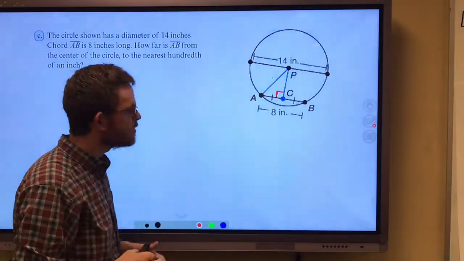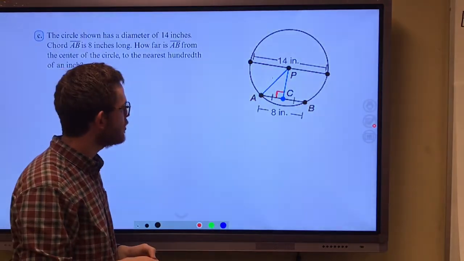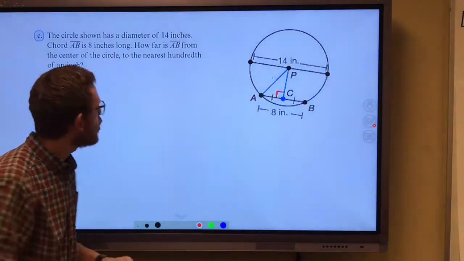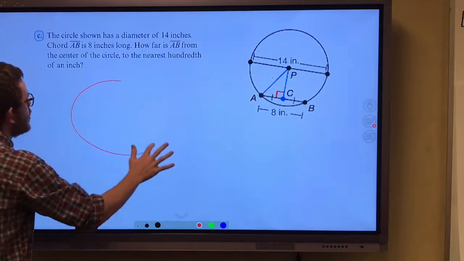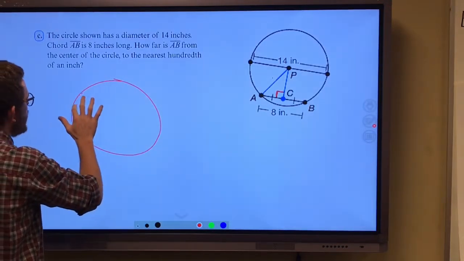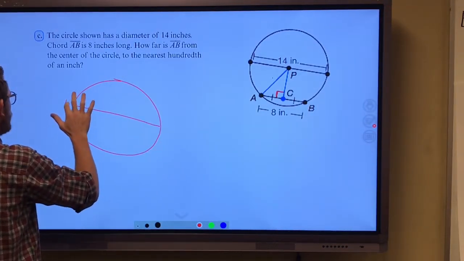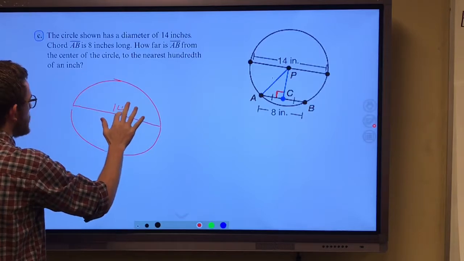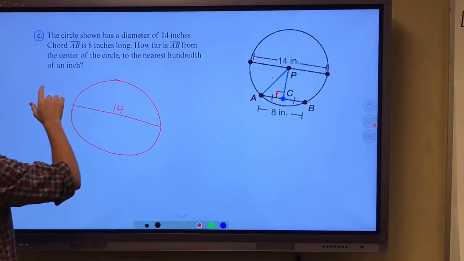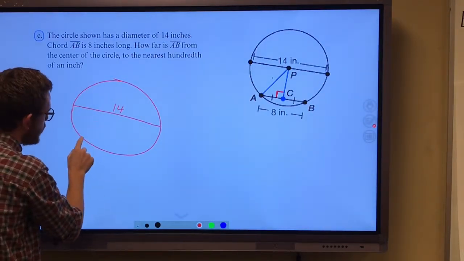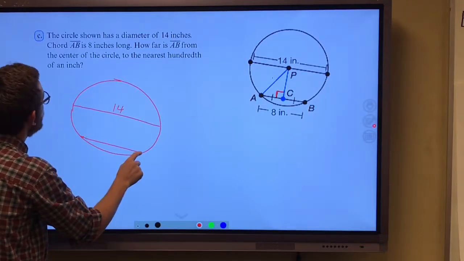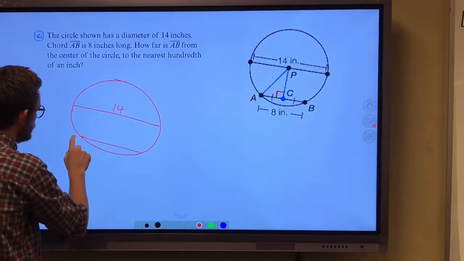They went ahead and filled in some of this information for us, but we could have drawn it just with this. The circle has a diameter of 14 inches. Chord AB, so somewhere on this there's a chord that is 8 inches long.